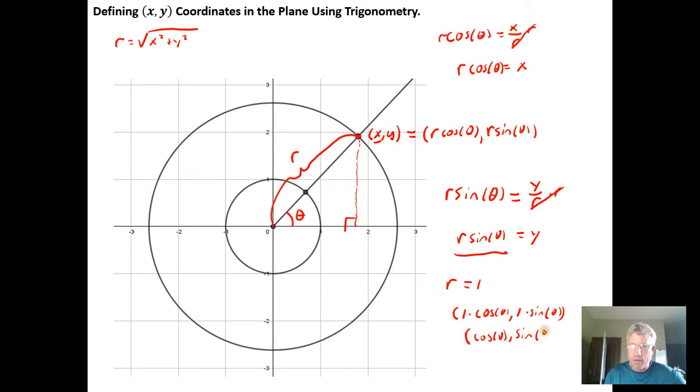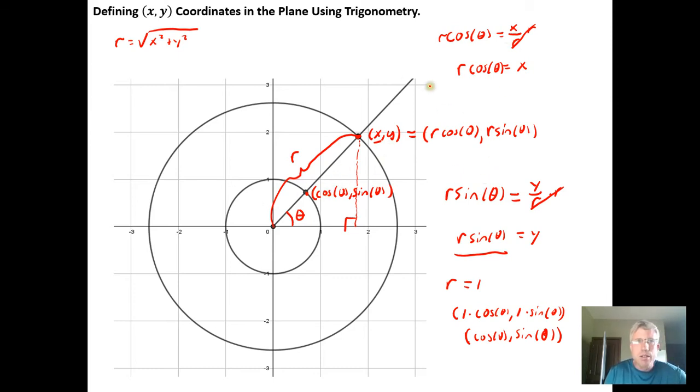So on the unit circle, to locate a point x, y, we just need to know the cosine of theta and the sine of theta. The radius is 1, so things really simplify for us.